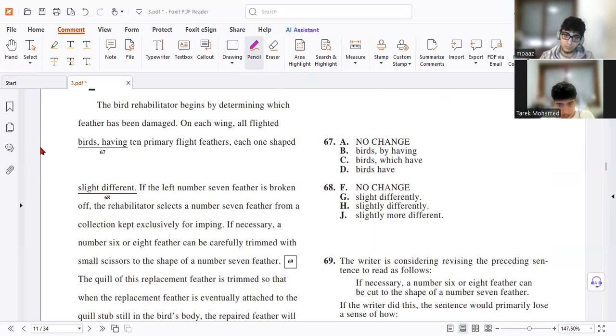For number 67, I put D. Is 67D correct? What's written? H for 68.